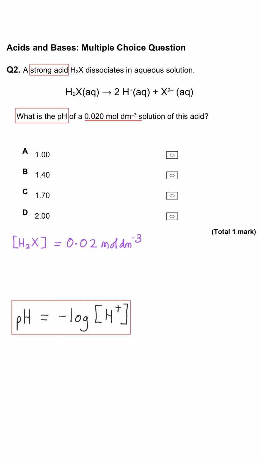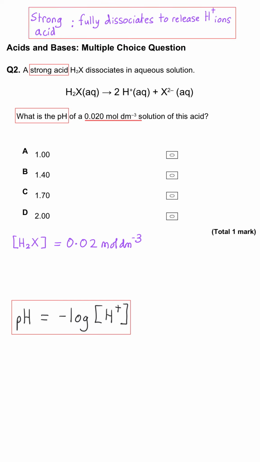Additionally, it is a strong acid, which means it will fully dissociate. In other words, however many molecules of the acid we have at the beginning, it will all dissociate into the component ions. And we need to recognise that this acid is diprotic, which means that it produces 2 hydrogen ions per molecule.